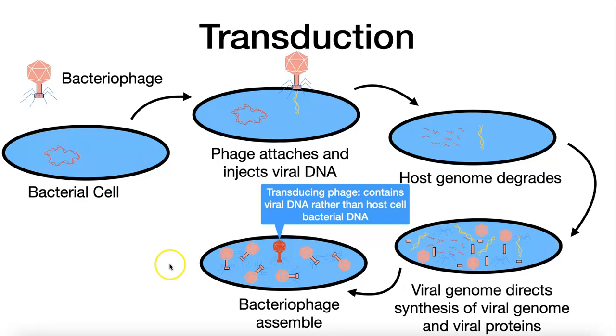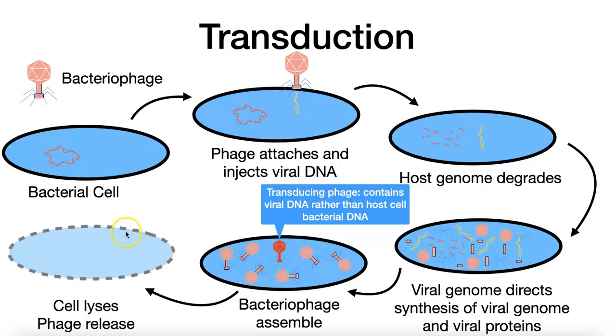And so what that then leads to is, during the process of how this virus operates, the cell is actually going to lyse. And all of those newly assembled bacteriophage are going to be released. And so each of these appropriately assembled viruses, the bacteriophage, will go and repeat this process.